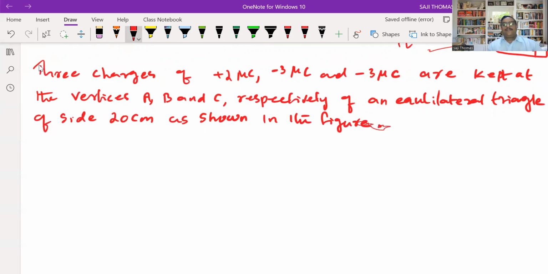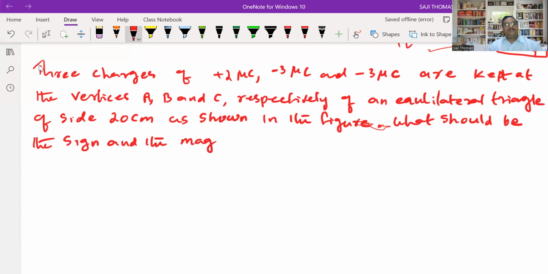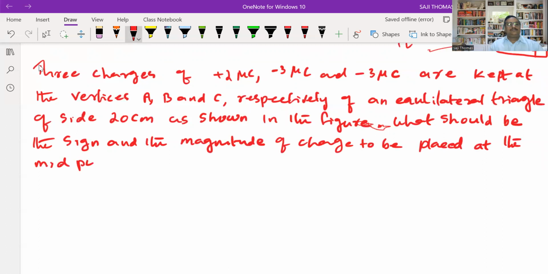What should be the sign and the magnitude of the charge to be placed at the midpoint of side BC?